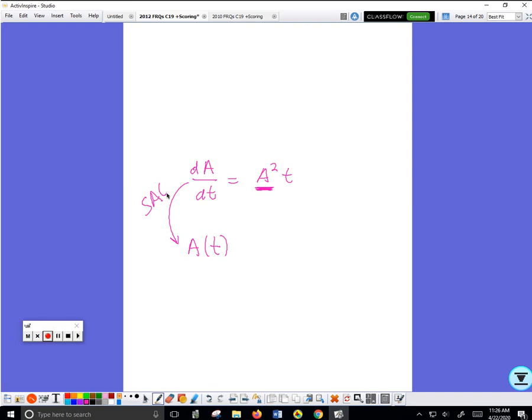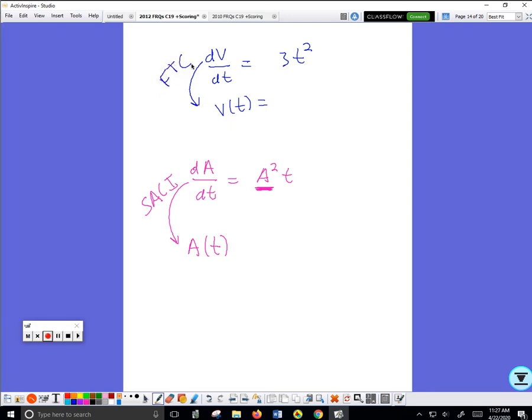Now, another example they could give you would be something like this. They give you a formula for dB/dt, just making this up again. And this formula now does not contain the output variable, but they want you to find B of t. Now you just use the fundamental theorem.